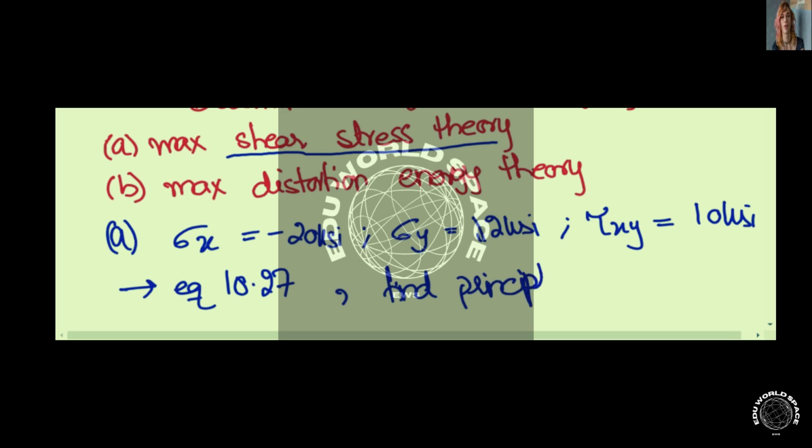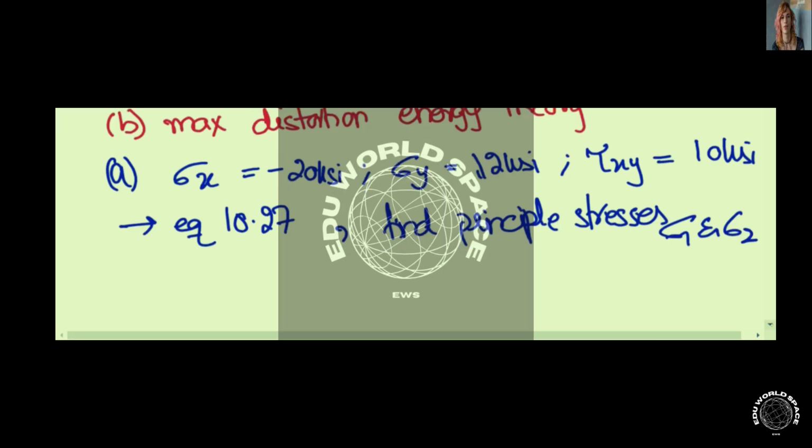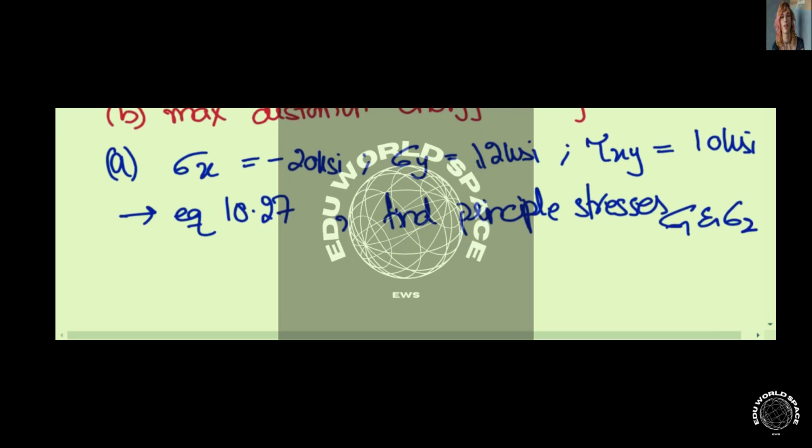The principal stresses sigma 1 and sigma 2. So let's start with sigma 1, and for that we will be using equation 9.5.